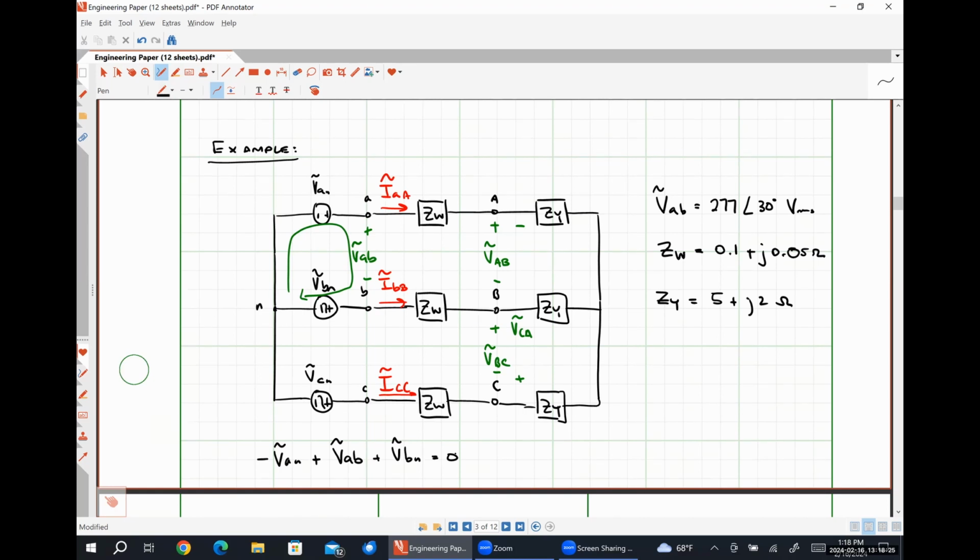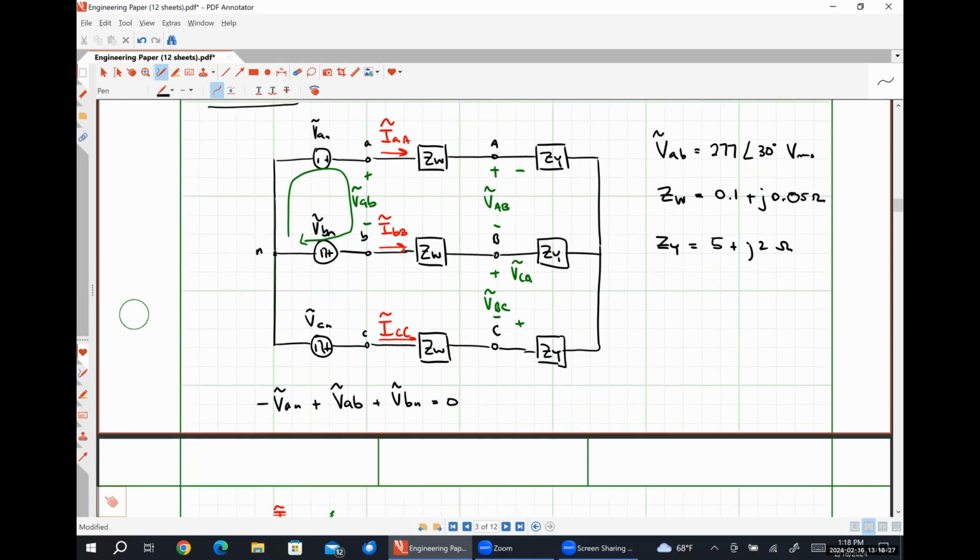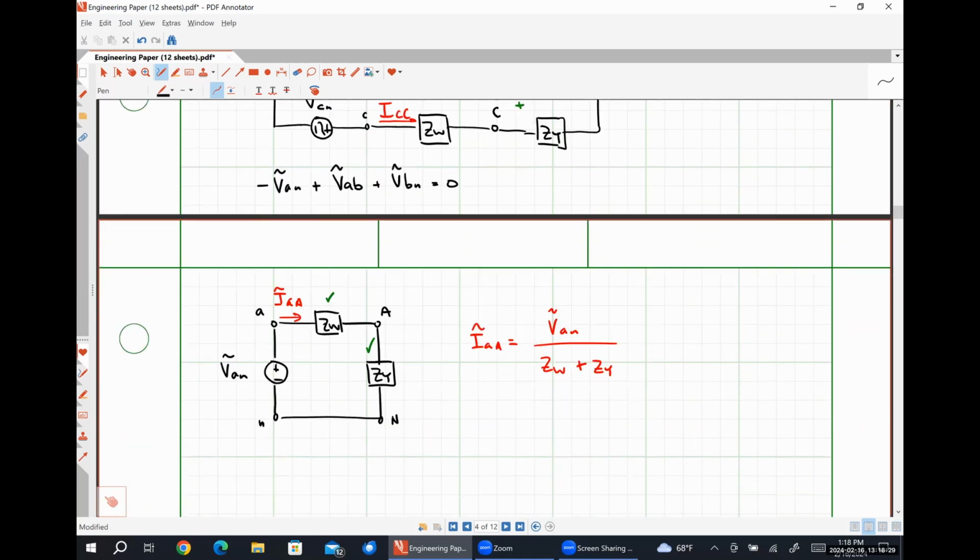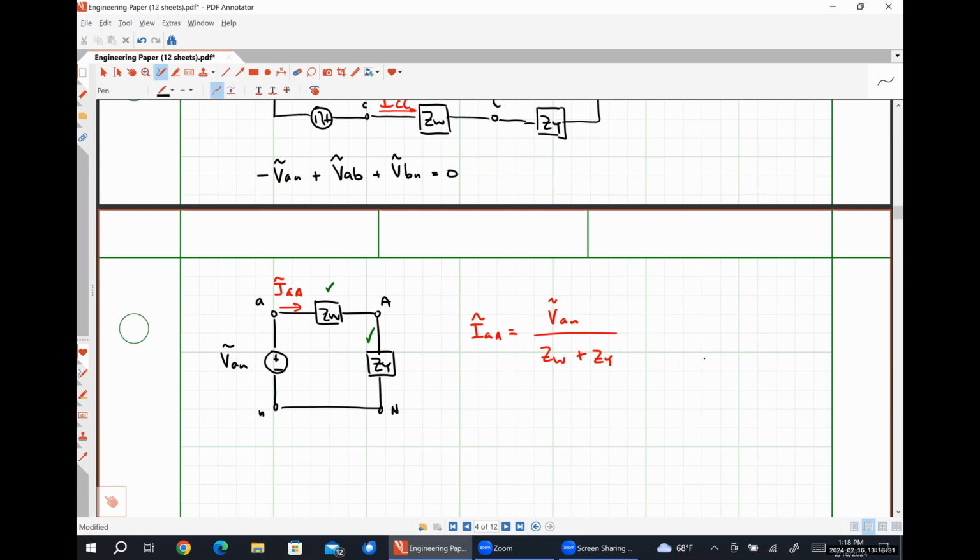Nothing remotely fancy going on. Now I'm going to rearrange that, putting my line voltages on one side of the equal sign and my phase voltages on the other. So VAB is going to be equal to VAN minus VBN.